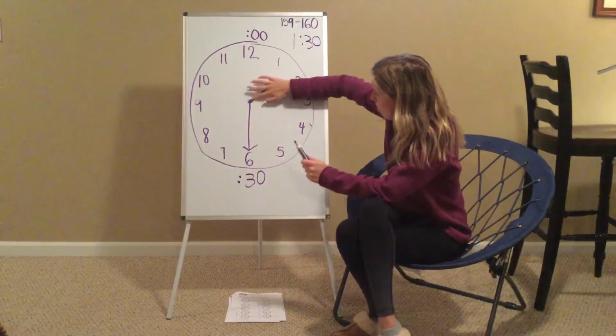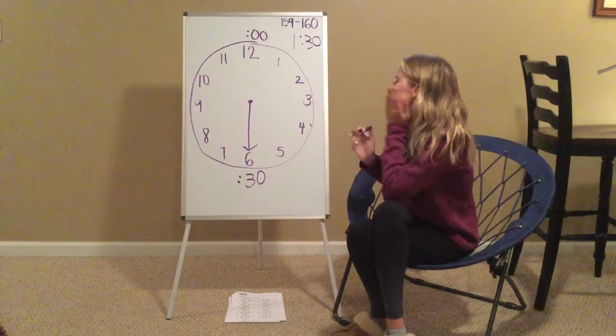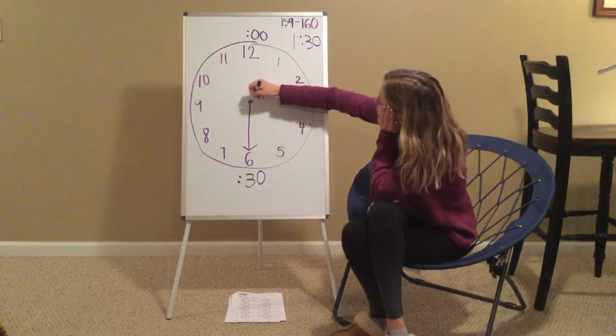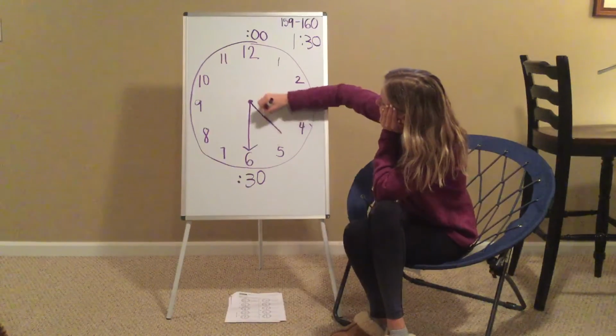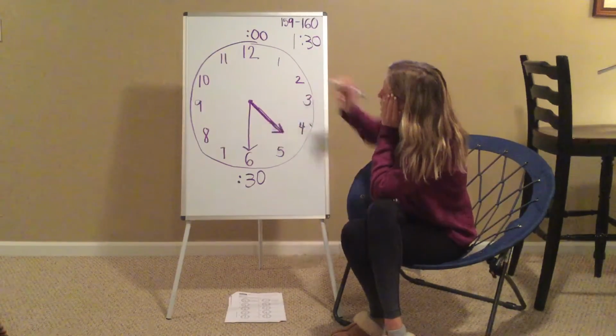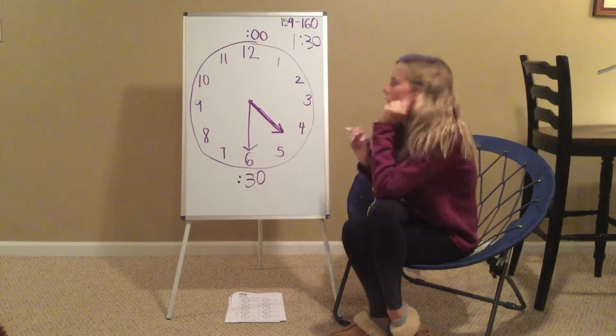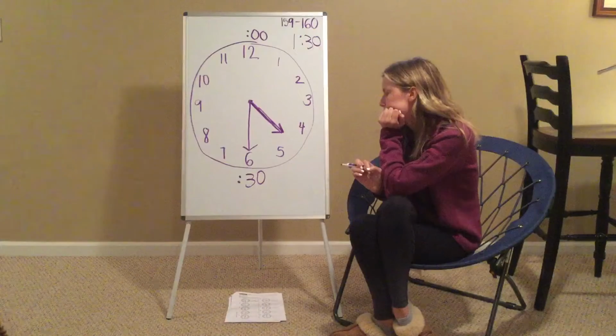I'm going to try another one. What about this one? Trying to make this a thick one. There we go. Okay, let's look at it. Everyone decide on your own. What time do you think this is?